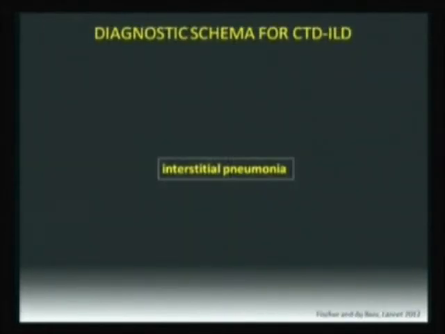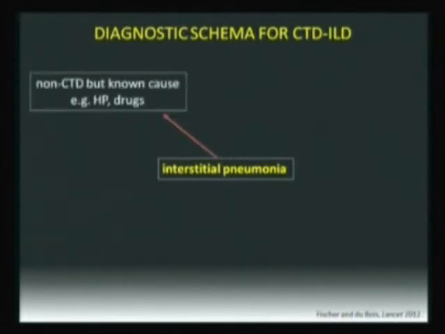So these are my last slides. This is a scheme that has been proposed by Ari Fisher and Ron Dubois in the Lancet last year. When you get a patient with an interstitial pneumonia, the first thing you have to do is look for a known cause. We're talking about drugs, exposure, but not connective tissue disease, just known cause.